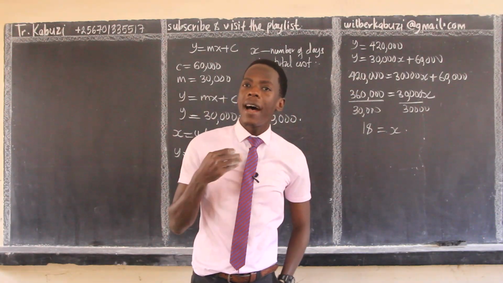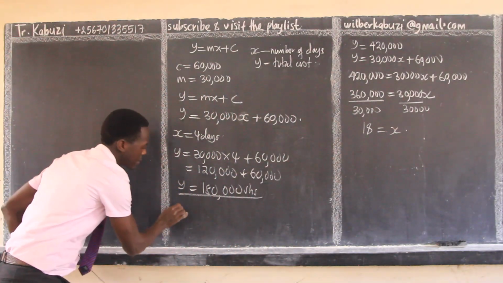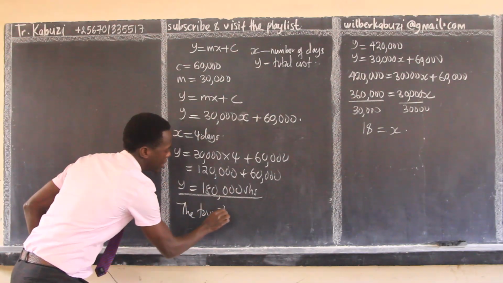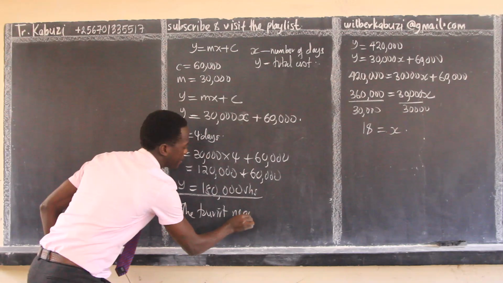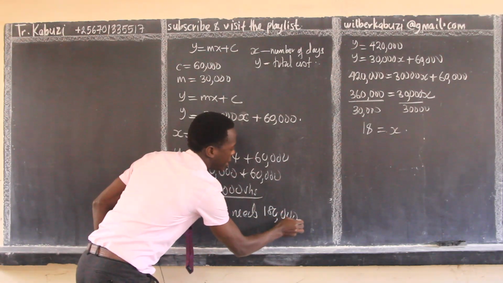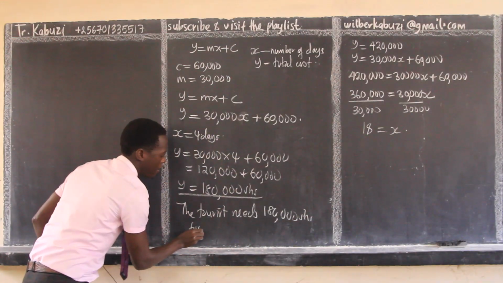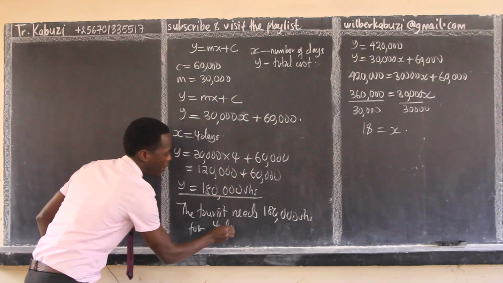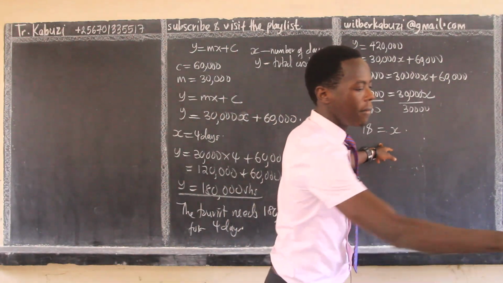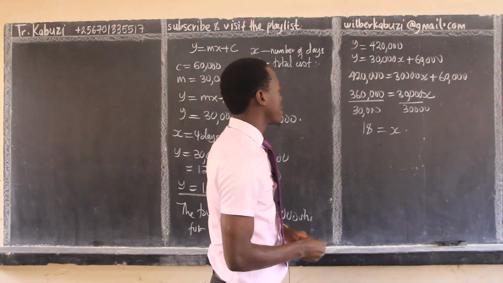But you have to respond. So here someone should say the tourist needs 180,000 shillings for 4 days. When I come to the next part, they wanted the number of days if someone has that as the cost.